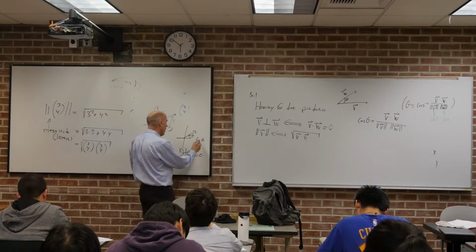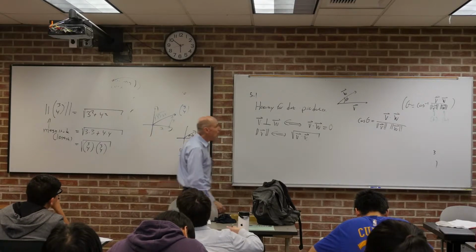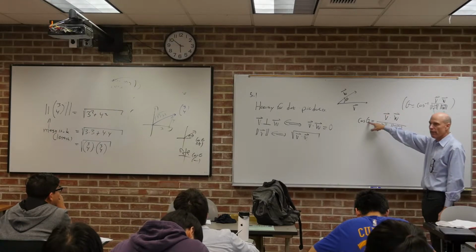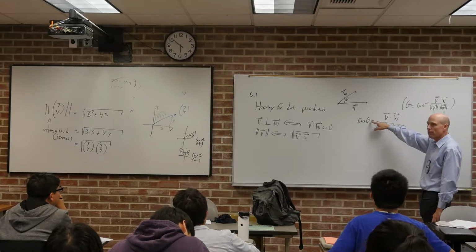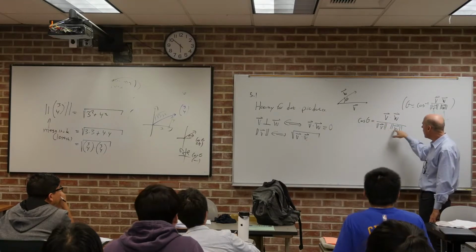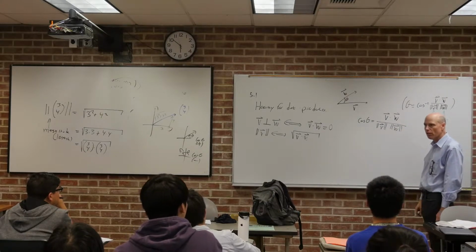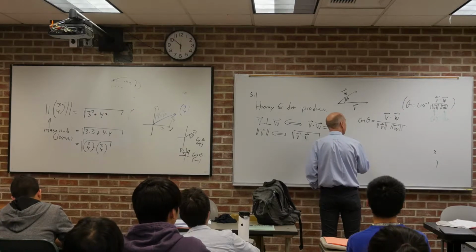Positive. And if I have a second quadrant angle, cosine is negative. So if I end up with a first quadrant angle here, cosine is going to be positive. A second quadrant, cosine is going to be negative. And the bottom is guaranteed to be positive, so it's just the top that's going to determine whether it's positive or negative.